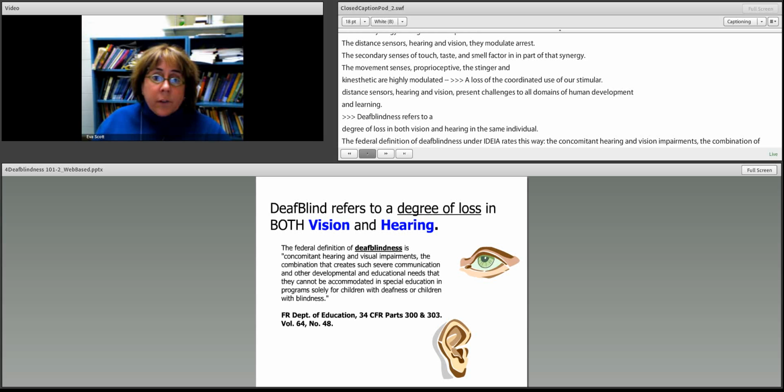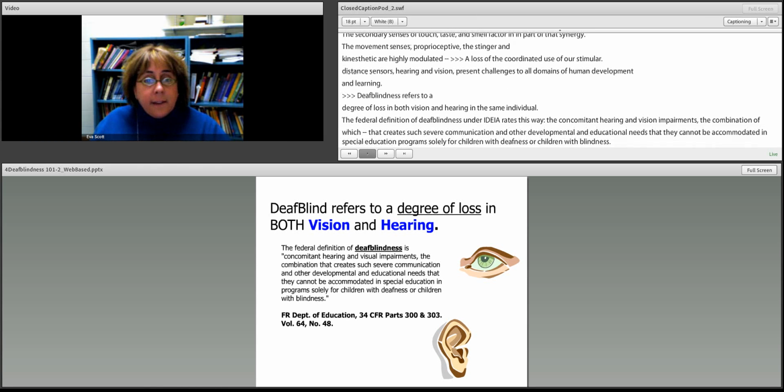In other words, deafblindness is a distinct disability group from individuals who are deaf and individuals who are blind.